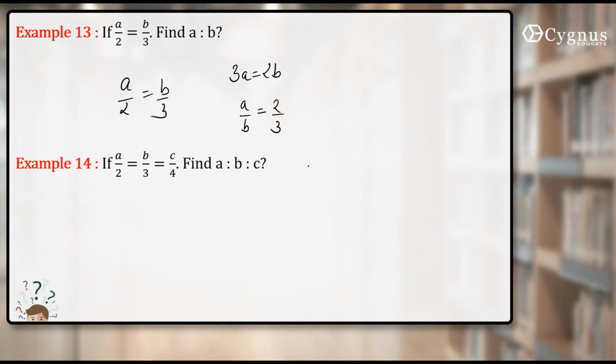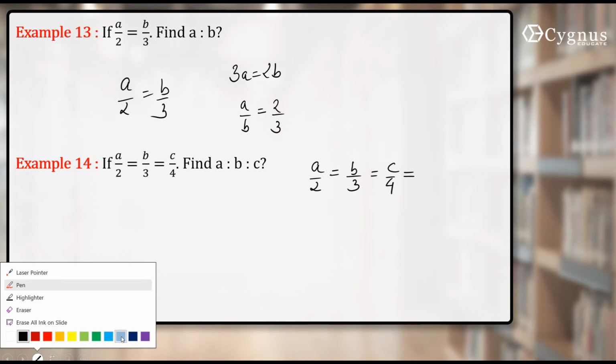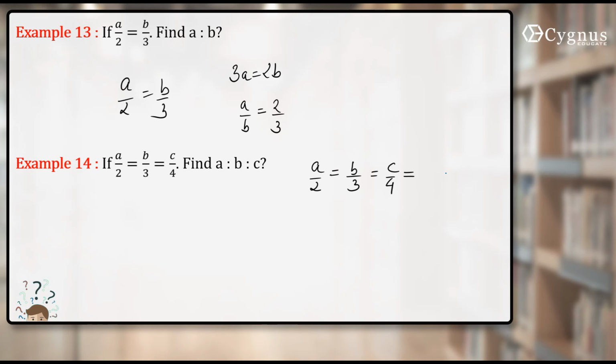What if you get three variables there? A by 2 is equal to B by 3 is equal to C by 4. Now, A by 2 is given equal to how much? B by 3 is given equal to C by 4 is equal to what? Again, I can take any value here. What kind of value? Let's say K, X, Y, Z, 100, 200, anything.